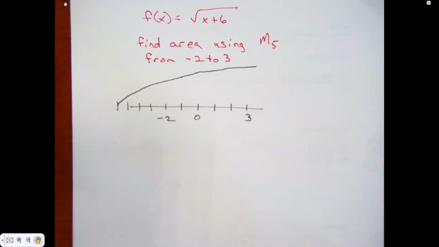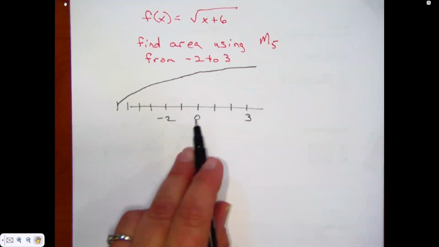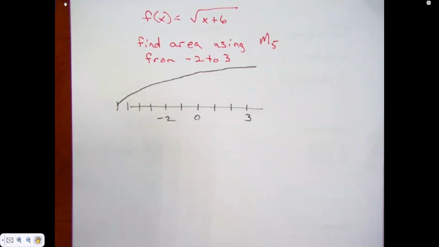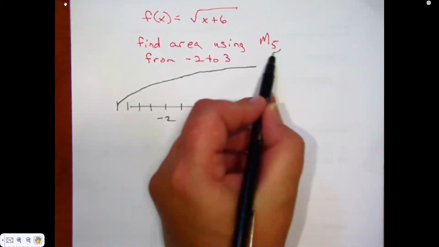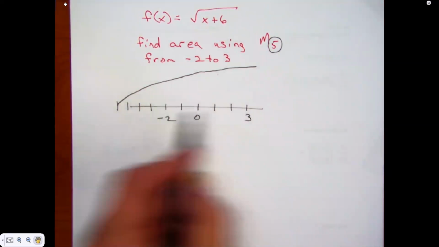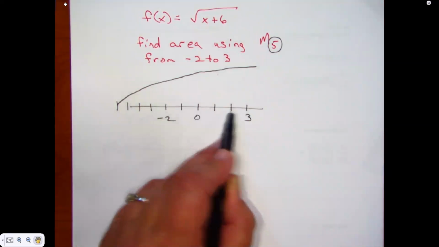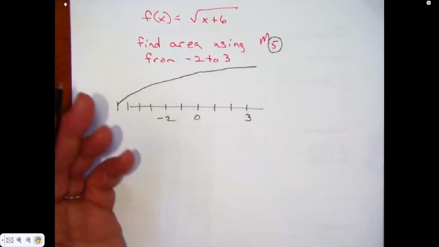I think we'll have time to do one more. How do we find the width of each rectangle? Well, if we're doing 5 of them, and from -2 to 3, does it make sense that we've got 1, 2, 3, 4, 5?